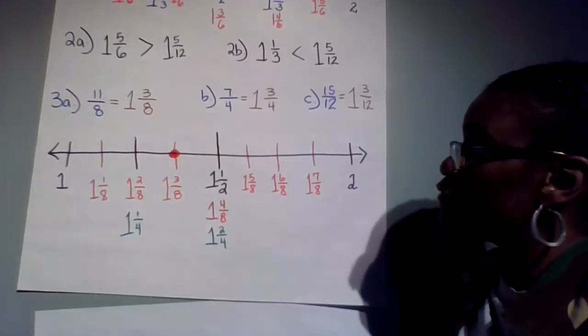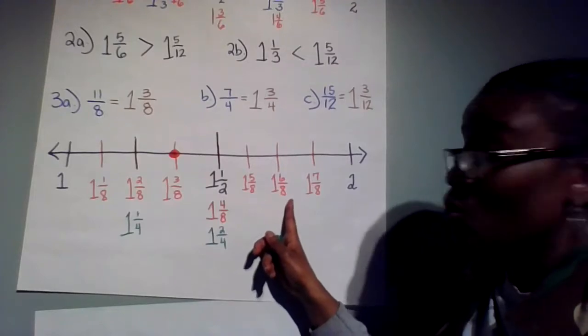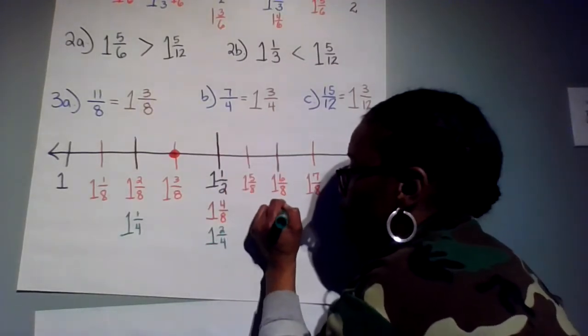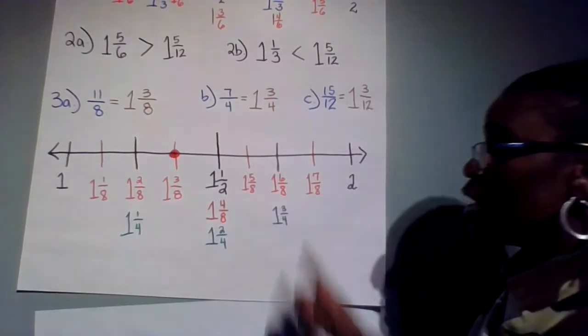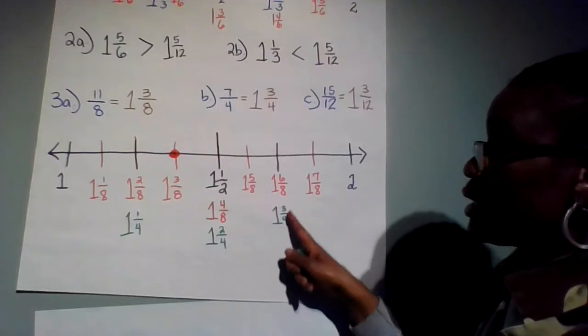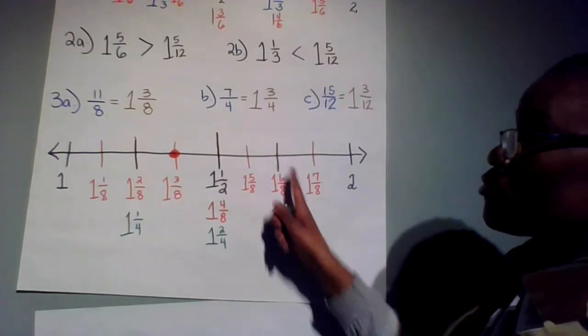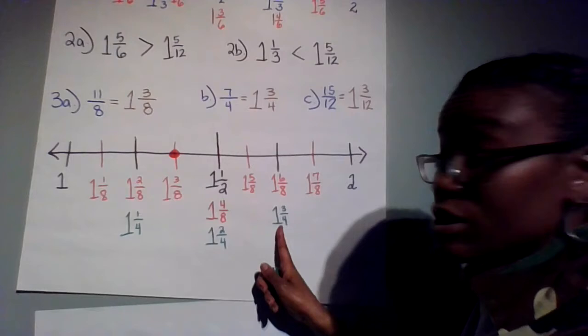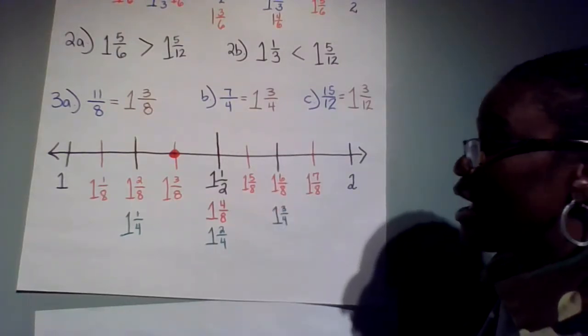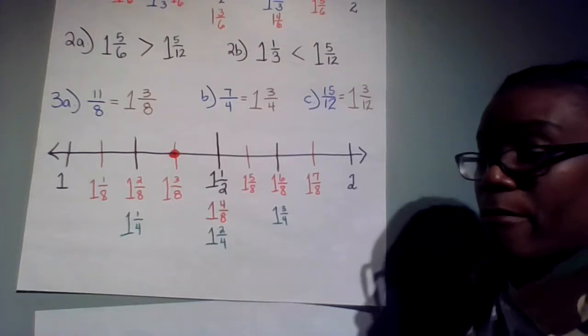Now 1 3/4. Guess what? 1 6/8 is also equal to 1 3/4. If I divide 6 and 8 both by 2, I'm going to end up with 3/4. So these are equivalent fractions as well. 1 3/4 is equivalent to 1 6/8. So I've done my marking with that.